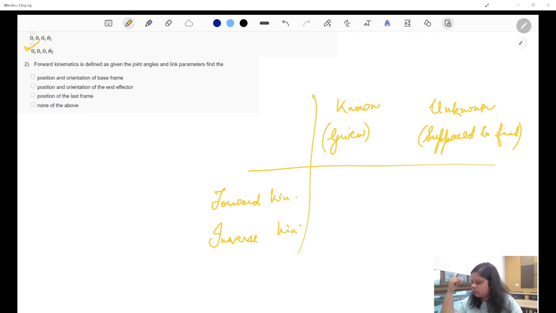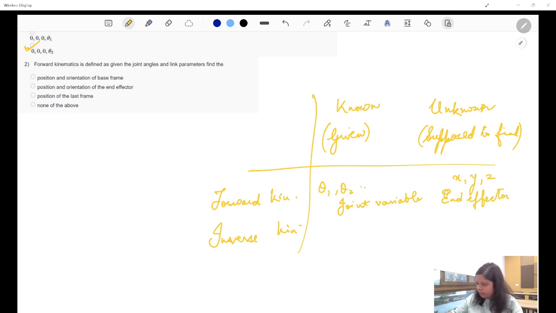So what is known in case of forward kinematics? Theta 1, theta 2, etc. are known, and the unknown parameters are x, y, z. So theta 1, theta 2, etc. Whatever is your joint variable, it is known, and x, y, z is the thing that you are supposed to find, which is the end effector position.